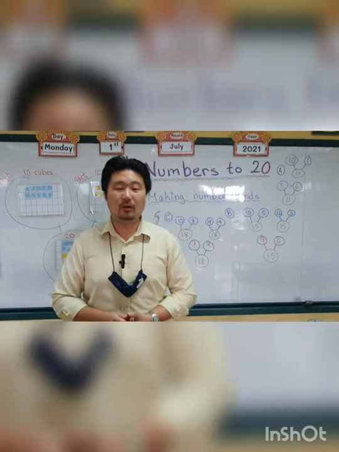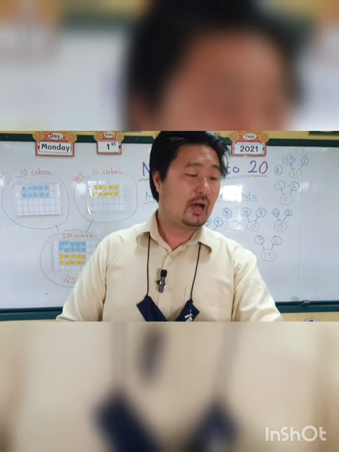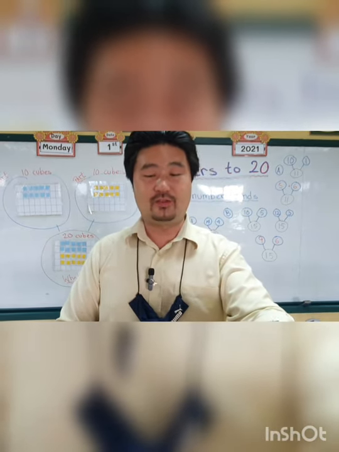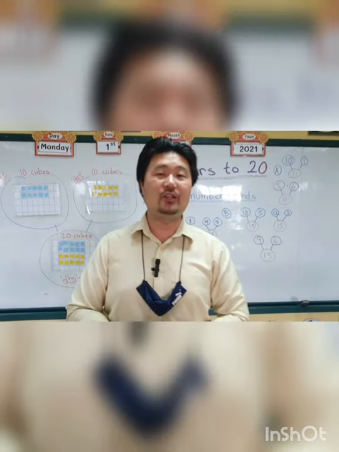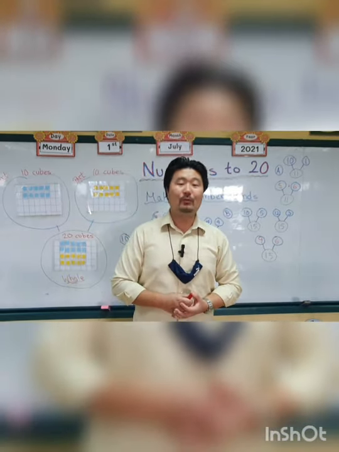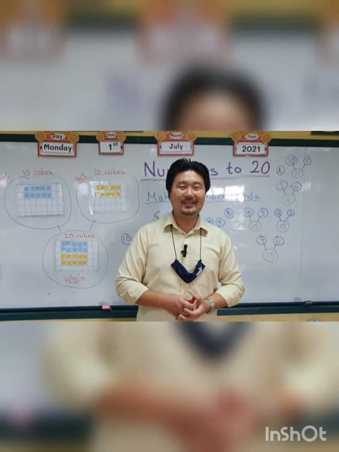So I will see you on page 154, 155 and 156. There will be 3 pages of homework, but I will briefly explain what to do. Okay? So I will see you in a little bit.